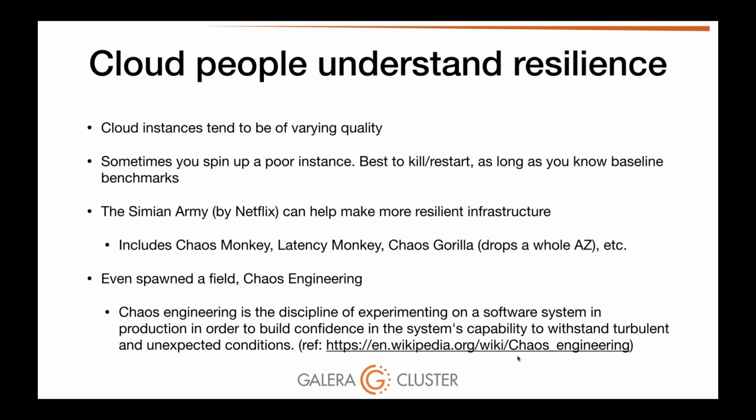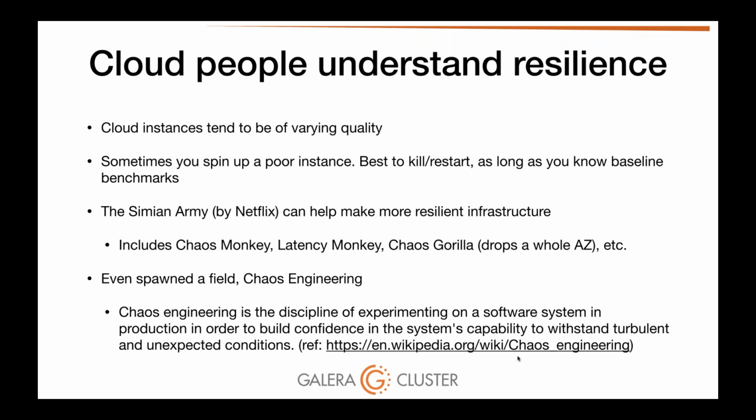Latency Monkey is amazing for planning how much tolerance you can have to data being delayed, for example. And then Chaos Gorilla is another one. It can actually drop a whole availability zone. In my earlier example where I split things between London, San Francisco, and Singapore, those are regions, but you may want to have Galera cluster across availability zones, and you can drop an availability zone easily with Chaos Gorilla.